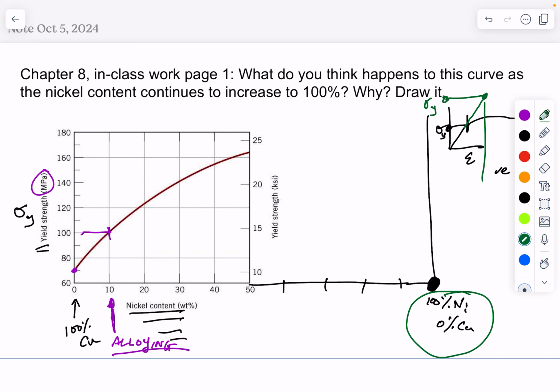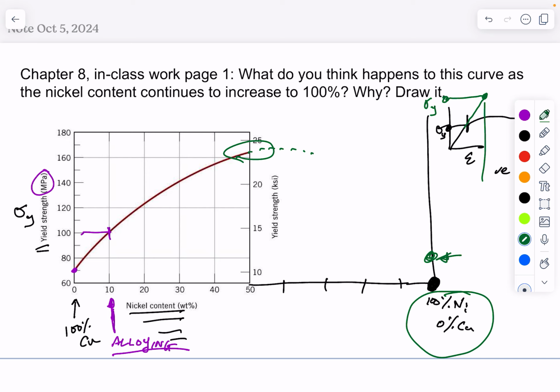And from the copper side, we need to start from a point where these two curves are going to meet. I hope that makes you imagine that there's going to be a maximum. I don't know where the maximum is. It might not be at exactly 50%, but there will be a maximum. Then there will be a decrease to some other yield strength.